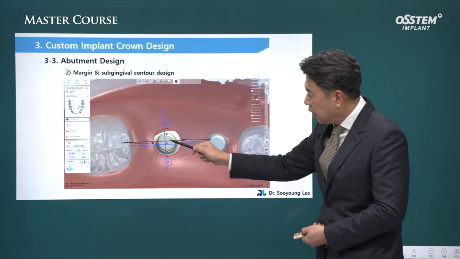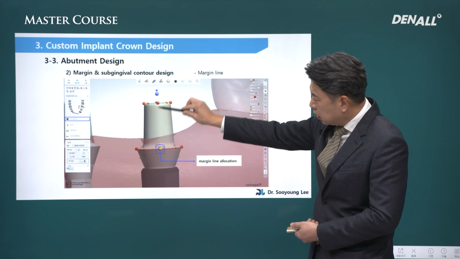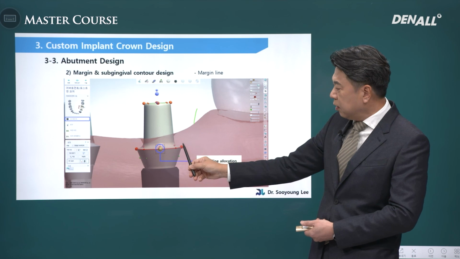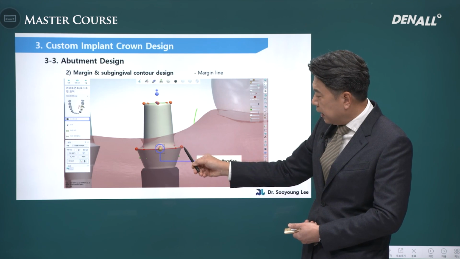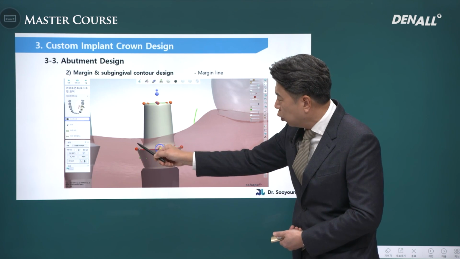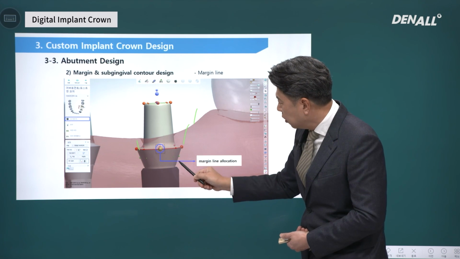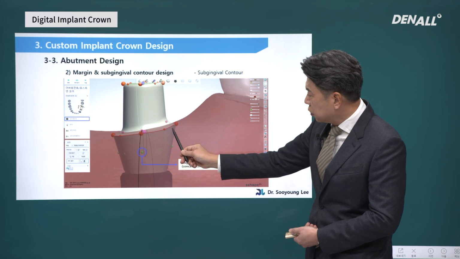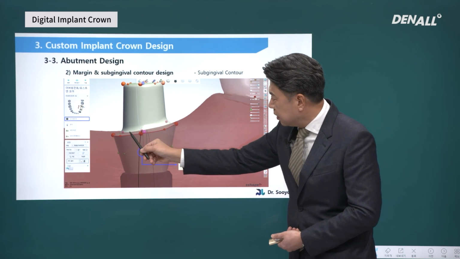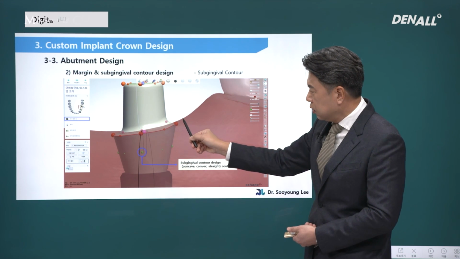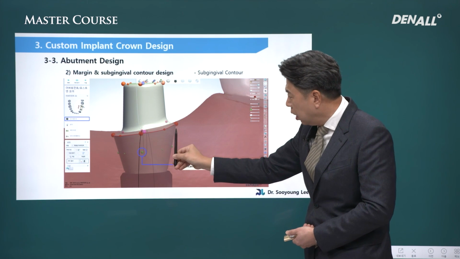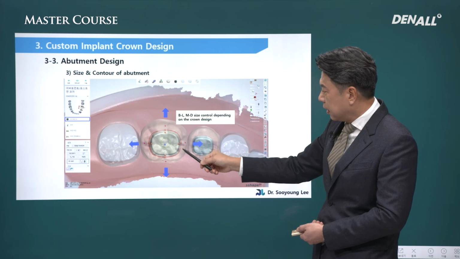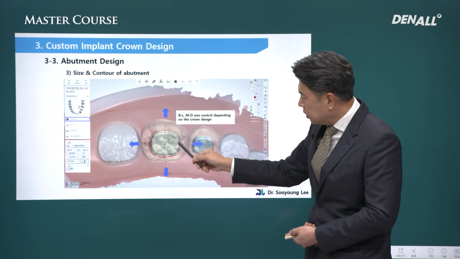Left to right, front and back, the depths are adjusted. If you look at the suggested form, this should go up, and the emergence profile should be adjusted, and that adjustment can be done like this. The depth height is adjusted. The height of the margin can be set at 0.5 millimeters subgingivally or at equigingival height, and the emergence profile is set aesthetically. That's how the abutments are designed.